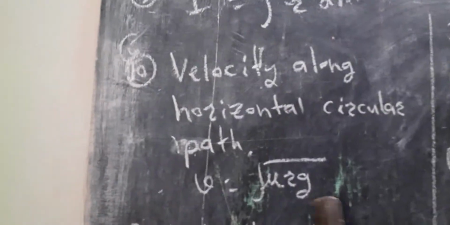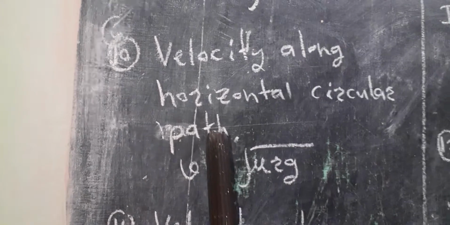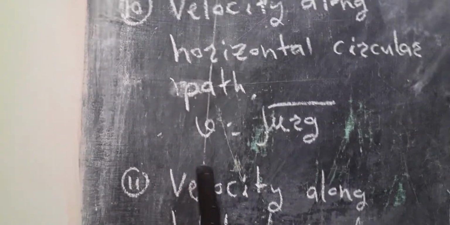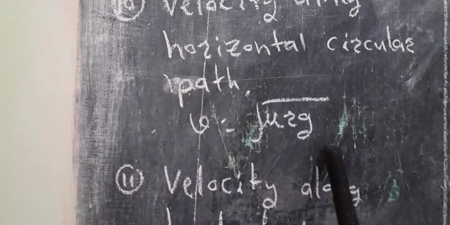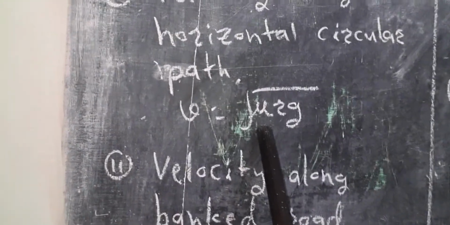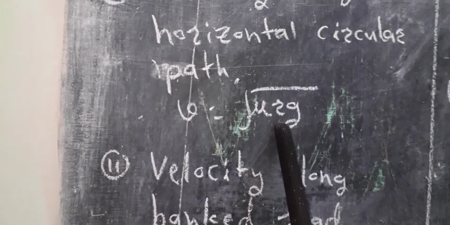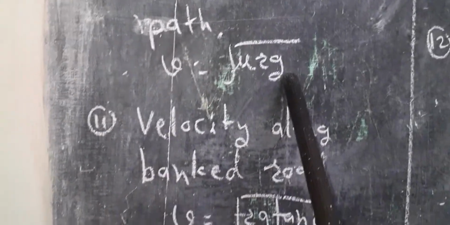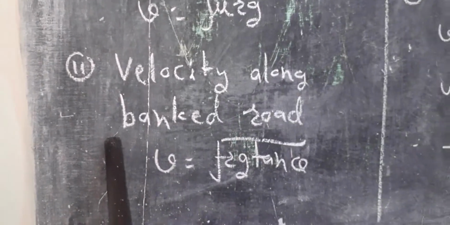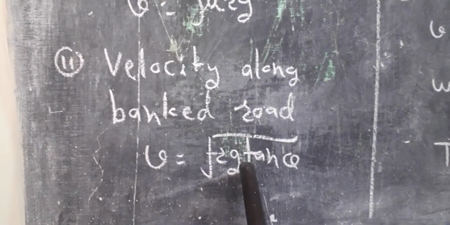Then we have seen the concept of velocity along a horizontal circular path. We know the formula v is equal to under root mu r g. So v depends upon three factors: coefficient of static friction, radius of circular path, and gravitational acceleration. The next formula is velocity along a banked road. So v is equal to under root r g tan theta.